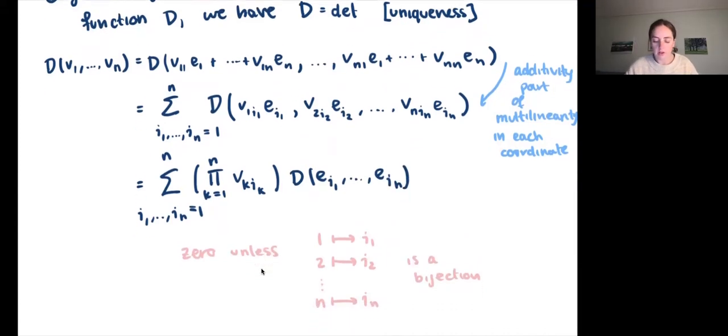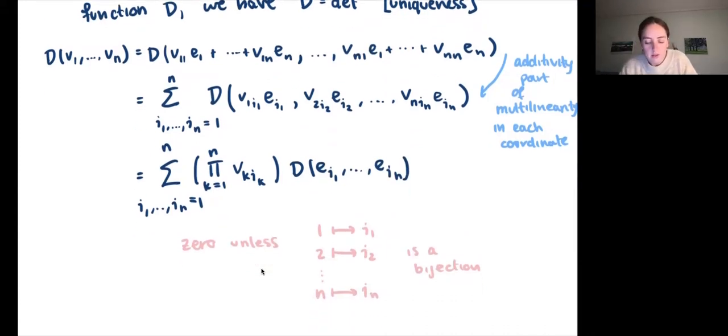Now this thing is going to be 0 unless I've selected a distinct choice of standard basis vectors. So I need that this is a bijection.